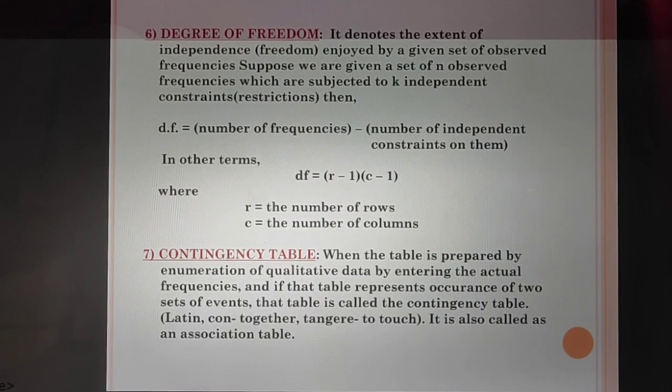The next one is the contingency table. A contingency table is prepared from predefined values by taking some frequencies and constants, and we use this predefined table to check in which range our calculated result lies.